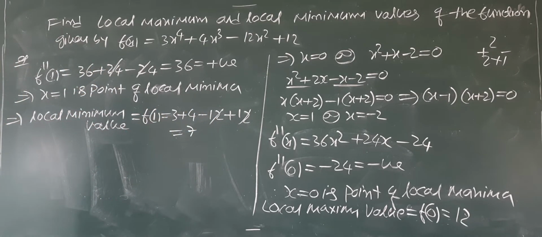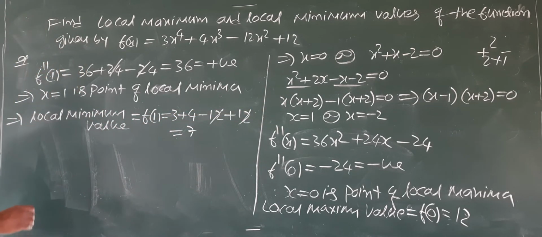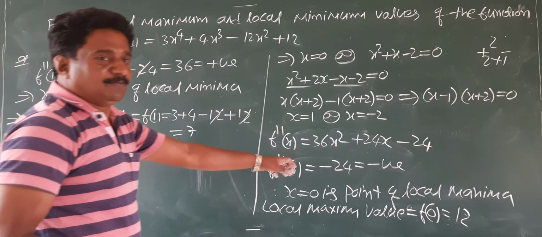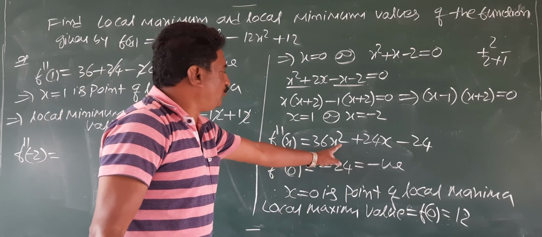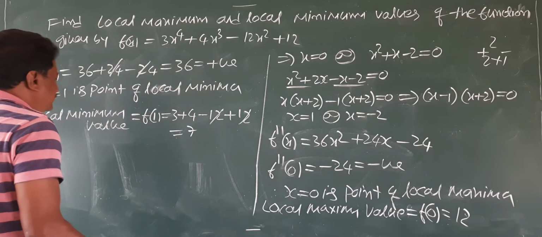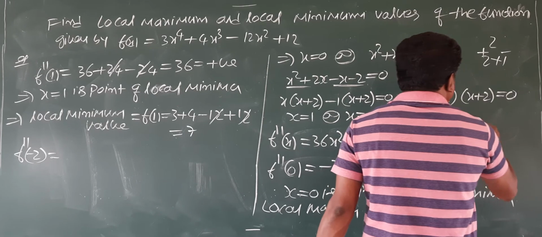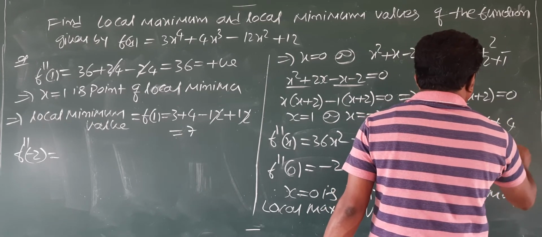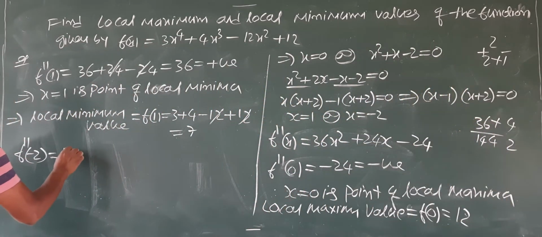Still we have one more point. Tell me that one more point. Minus 2. f''(-2). Minus 2 whole square, you use your calculator, is 4. 36 4s are 144.